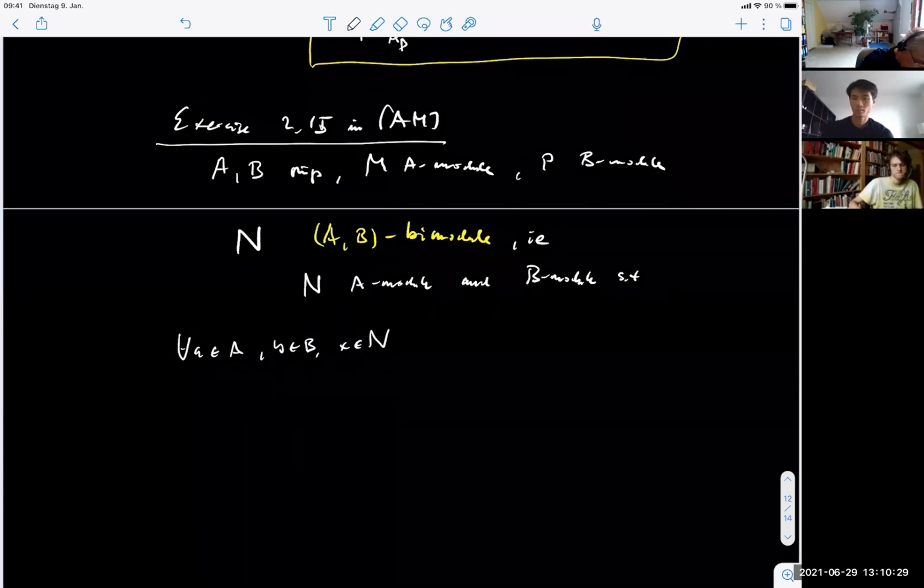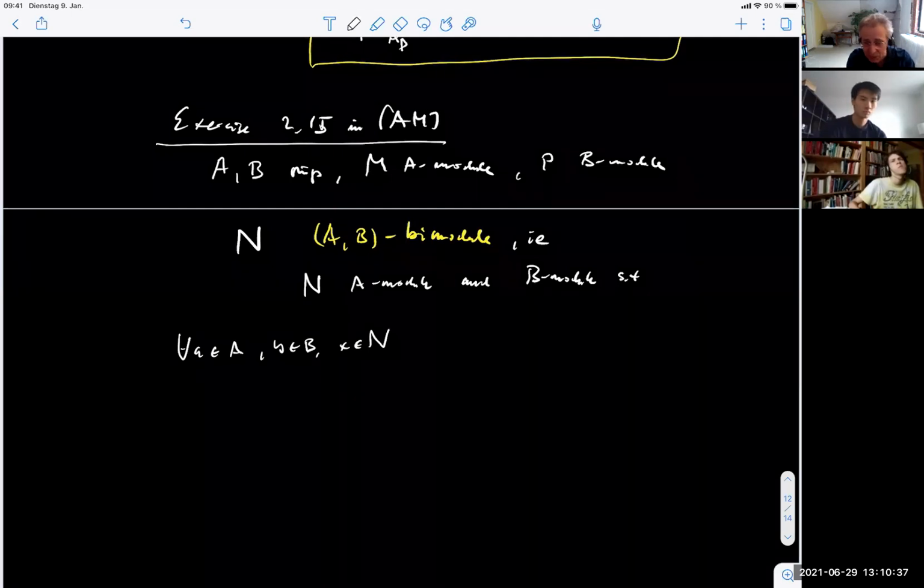Now it's convenient to write the multiplication with A on the left and the multiplication with B on the right.